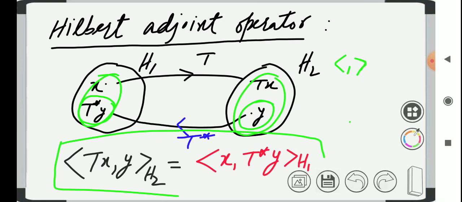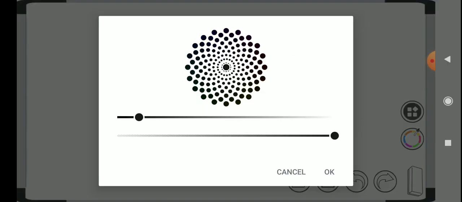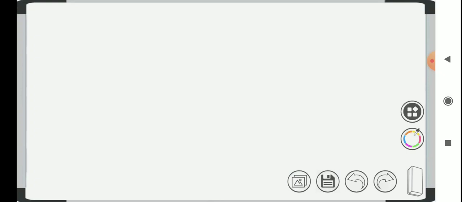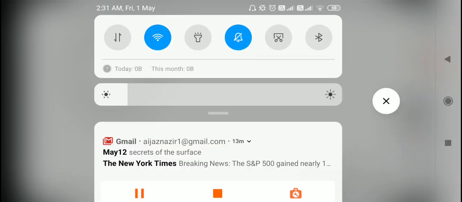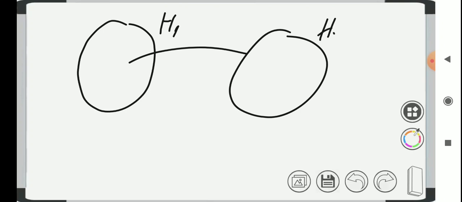So let us first define a functional on our Hilbert space H1. We have a bounded linear operator T from our Hilbert space H1 into another Hilbert space H2.